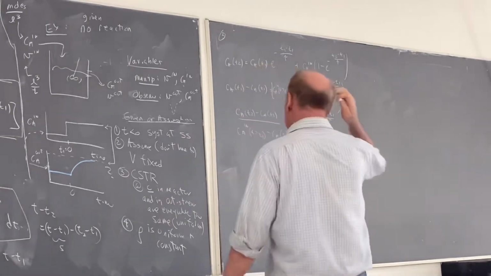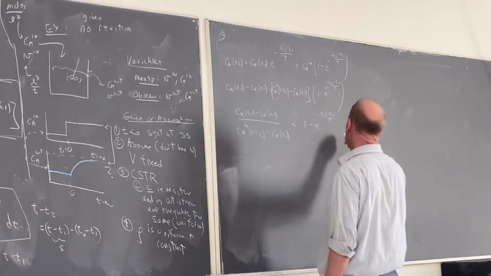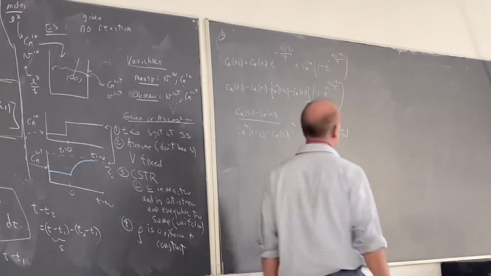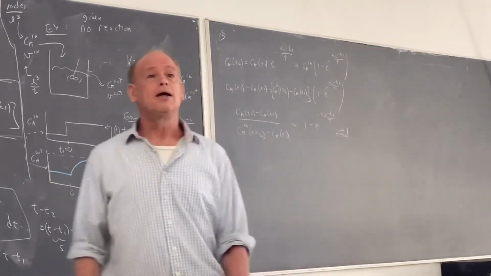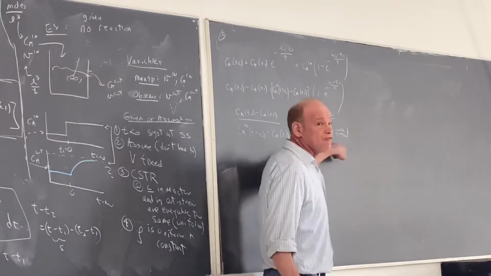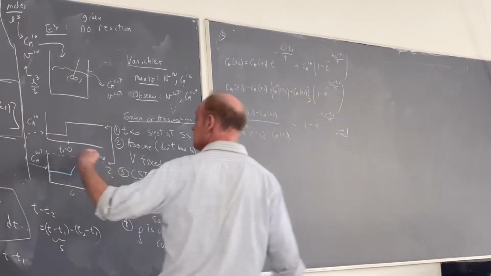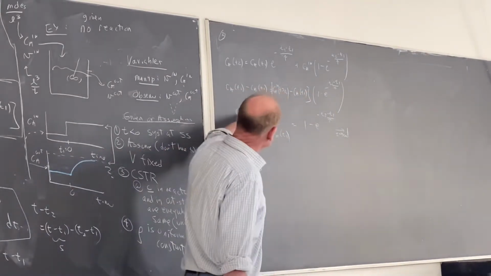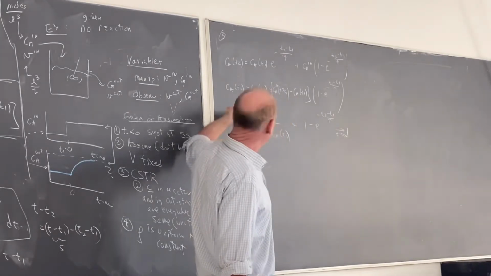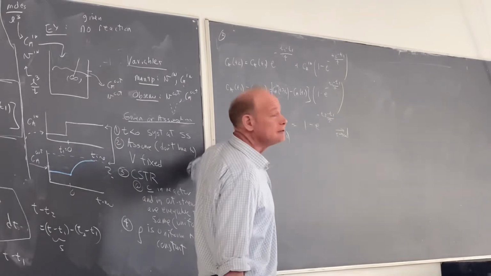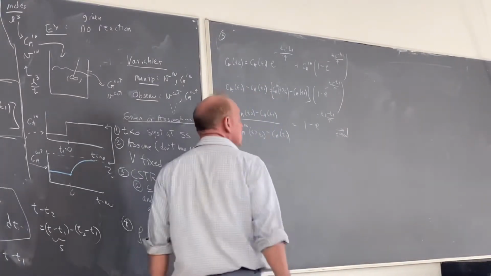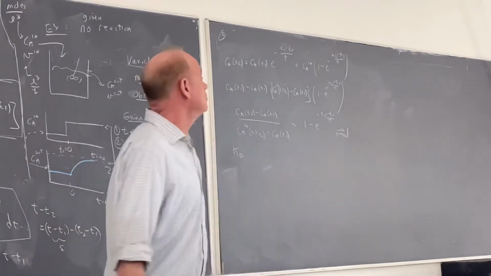And as T2 goes to infinity, this just goes to 1. What does that mean? That tells me that as T2 goes to infinity, CA of T2 just becomes the inlet. The outlet equals the inlet. And we call this Kp, which is the steady state gain.